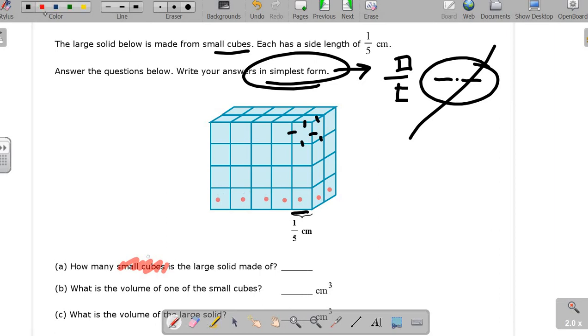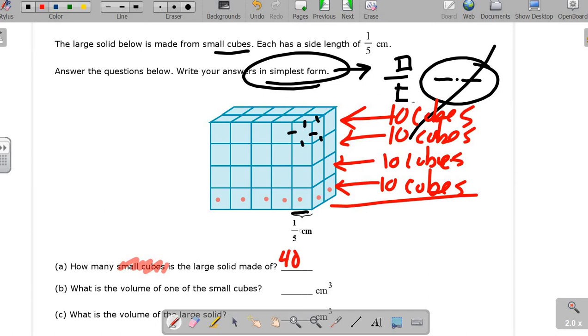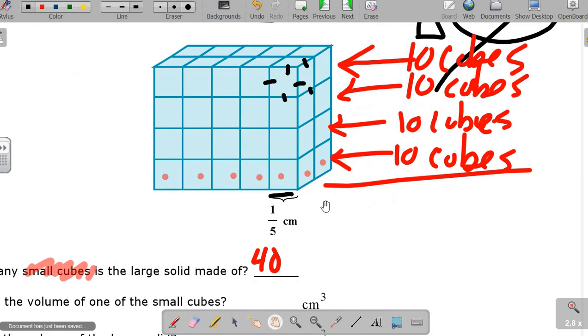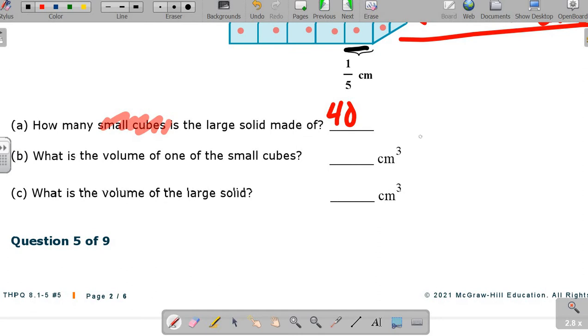So each layer you can see is made up of 10 cubes because it's 2 by 5. 10 cubes, 10 cubes, 10 cubes, 10 cubes. Total of 40. Volume of one small cube. Let's draw one.